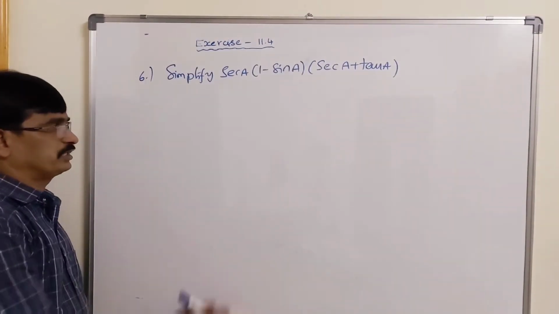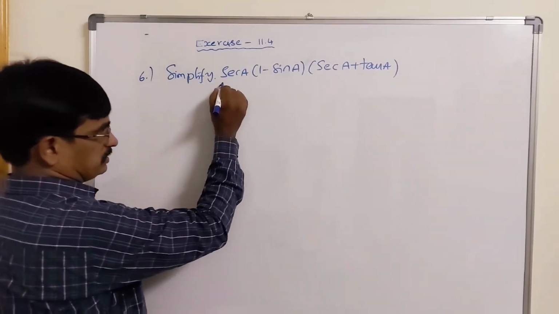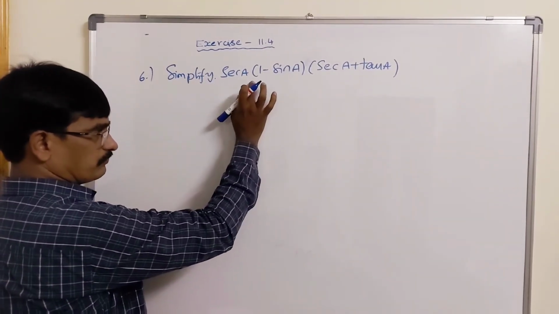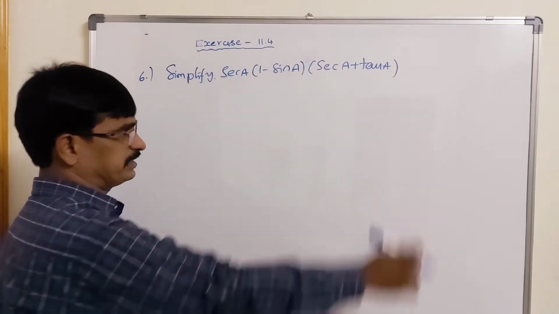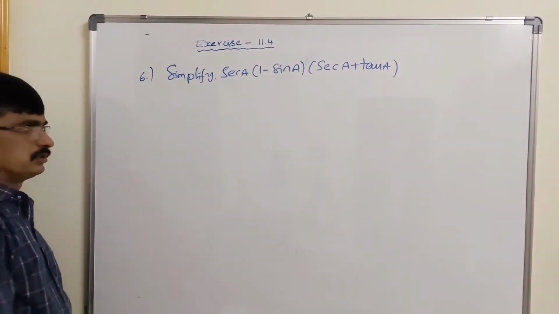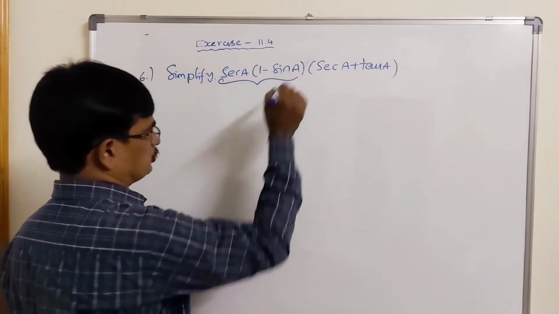The sixth question, simplify secant A into 1 minus sin A into secant A plus tan A. First we simplify these two.